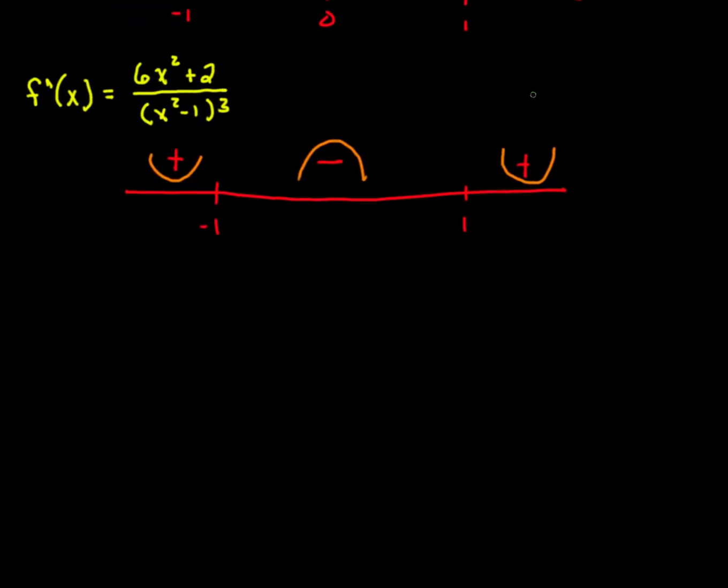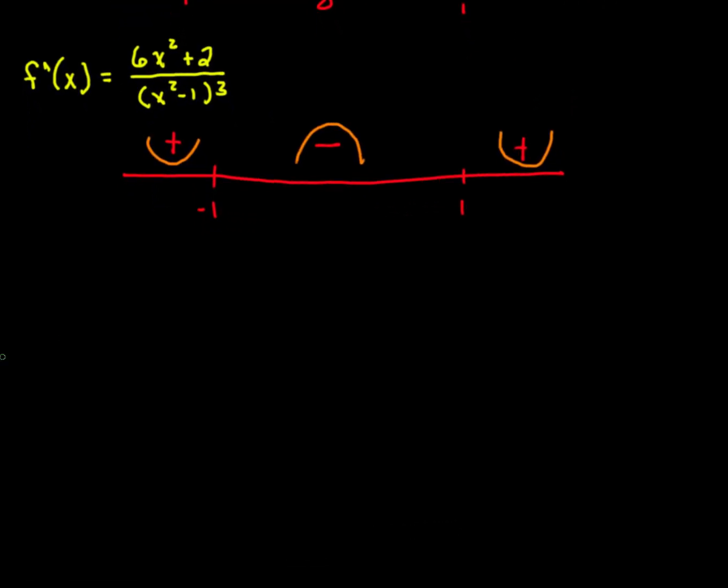So our endpoints are plus or minus infinity. So I need to take a look at what is the limit as x approaches -infinity of x squared over x squared minus 1. Well, this is perfect setup for L'Hopital's rule because the top's going to infinity and the bottom's going to infinity.